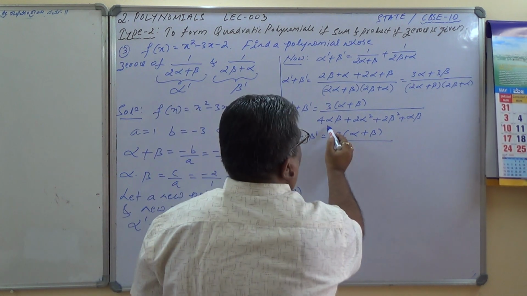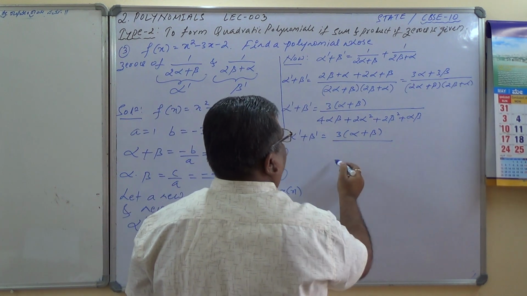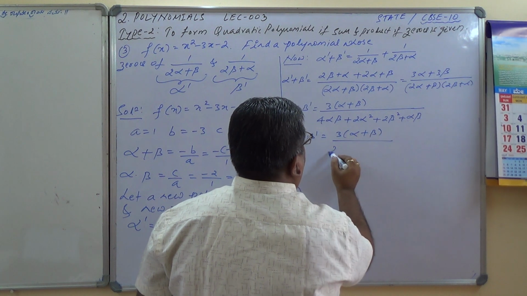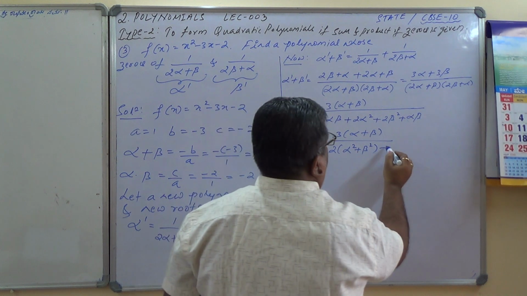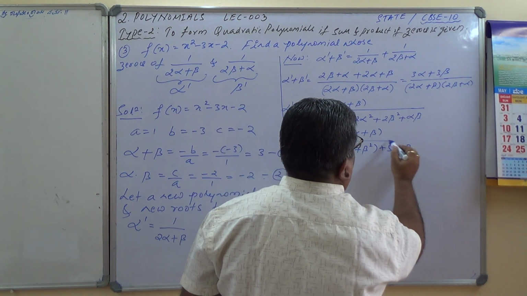This is 4 alpha beta plus alpha beta, 5 alpha beta, and here I'll take 2 common, 2 times alpha square plus beta square plus 5 times alpha into beta.